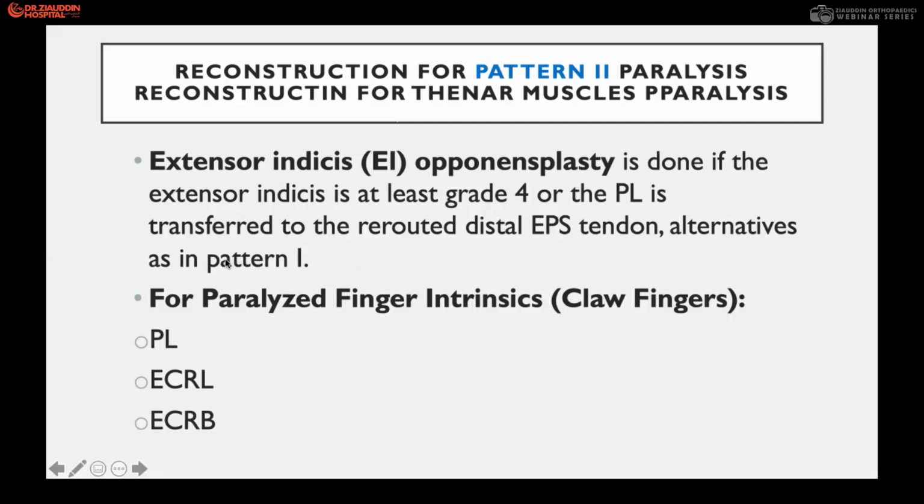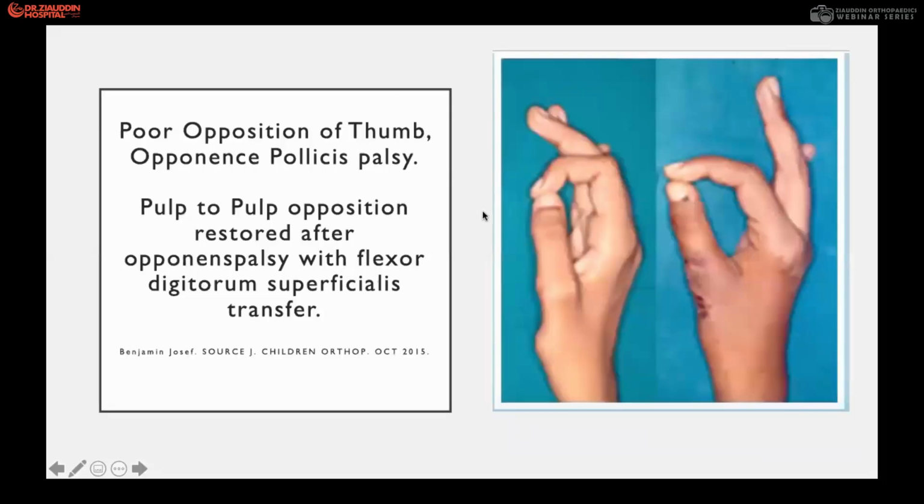An alternative in the pattern 1, for the paralysis of the finger intrinsics to correct the finger claw, is the palmaris longus, extensor carpi radialis longus, extensor carpi radialis brevis muscles. Here it shows there is abduction and opponent's weakness, and it has been corrected by the flexor digitorum superficialis tendon transfer from the ring finger for the abduction and opponens.